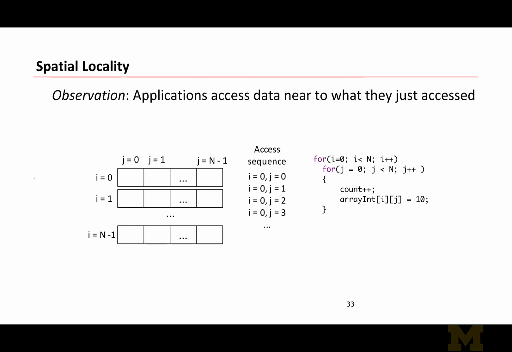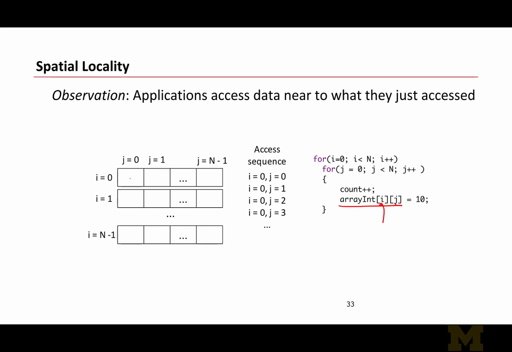So let's take a look at an example of how a program would access a 2-dimensional array in row major order. Here I have 2 for loops that iterate through this array, and it's iterating through it in row major order because the first subscript i does not change until I finish accessing all the elements in its row, as indicated by subscript j.